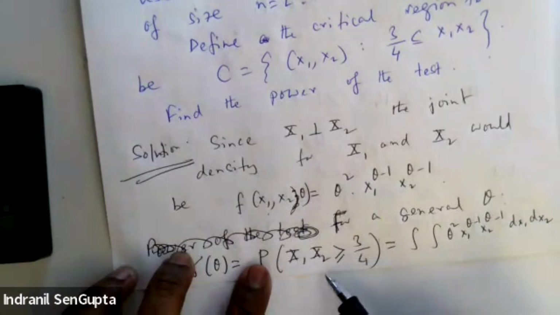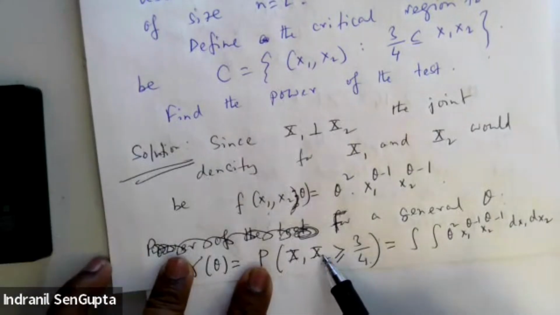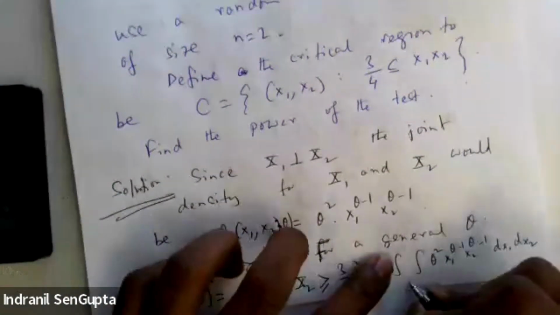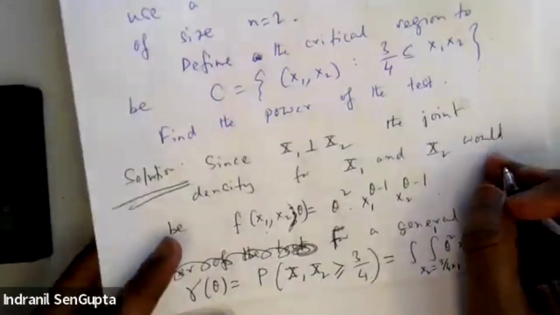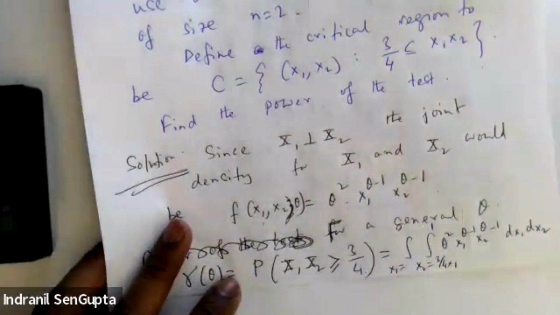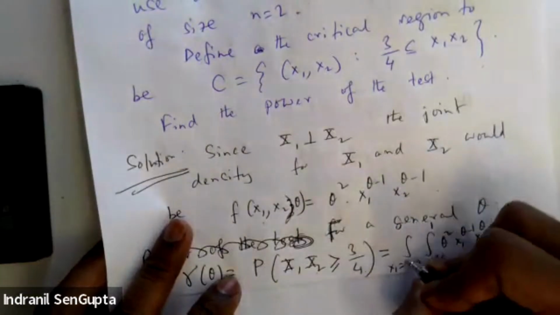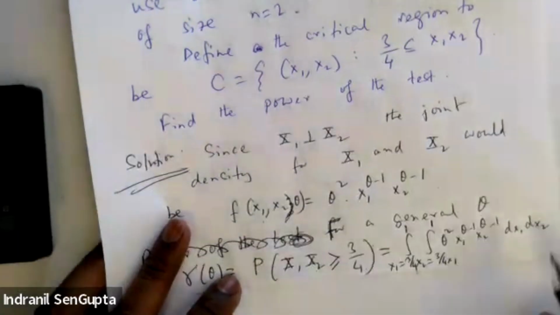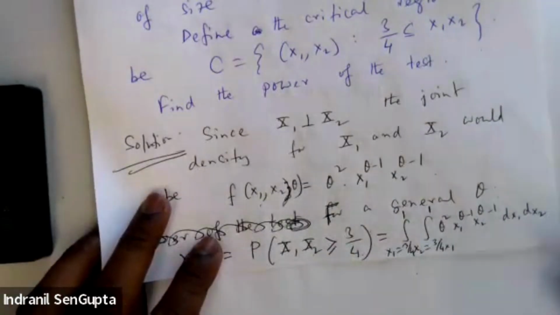So if I just stick to x2, x2 is more than 3/4 x1, and its upper limit is always 1. So x2 goes from 3/4 x1 to 1, and x1 can have its least value 3/4 and the highest value 1. If you're not comfortable, just draw this region, and you'll see that this is how exactly you integrate.